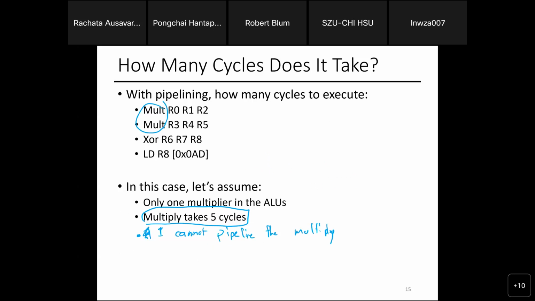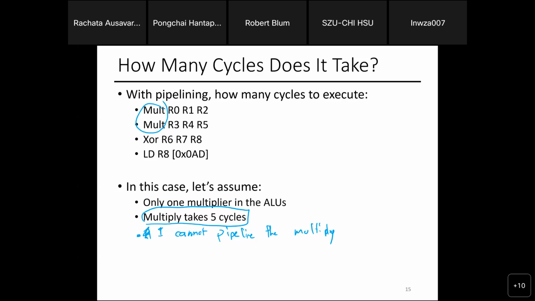Basically, if I am multiplying one thing, I need to wait until it finishes before I can multiply the second thing. So how long does it take, right? My point is, do you think this is slower than the earlier example? Yeah, obviously, right? Because the first multiply has to wait for the multiply unit to free up before I can multiply the second number.